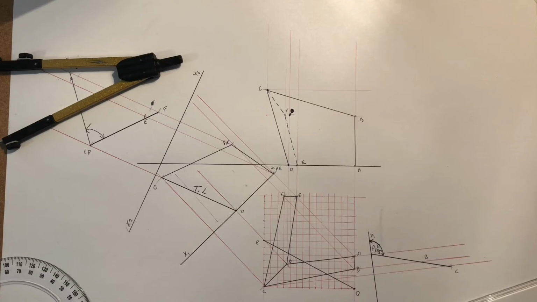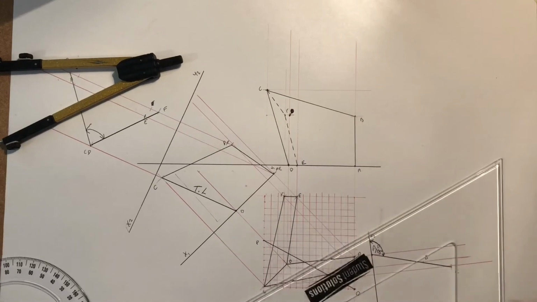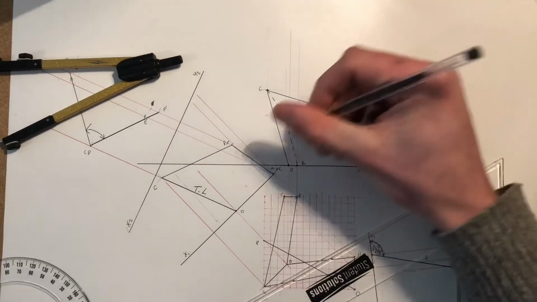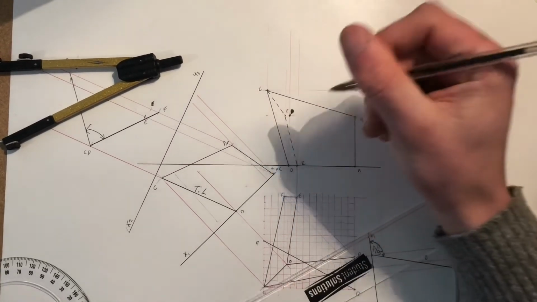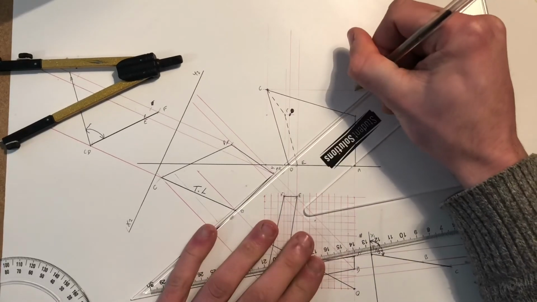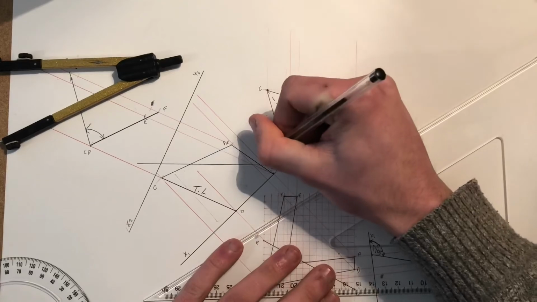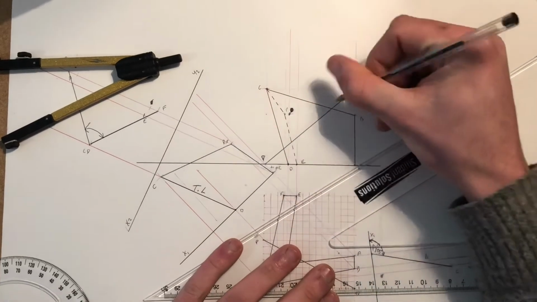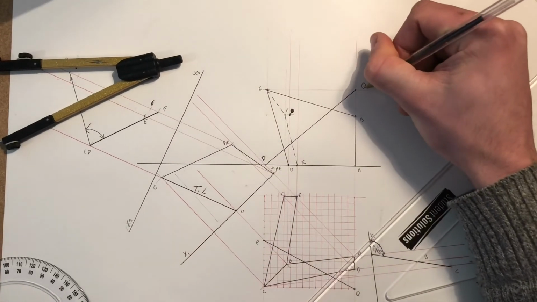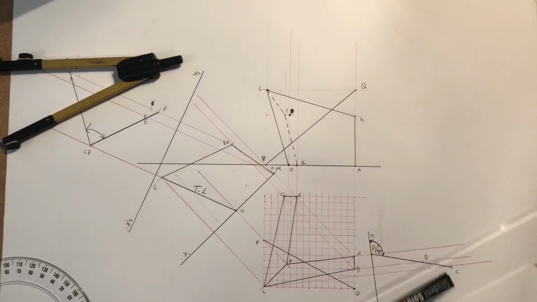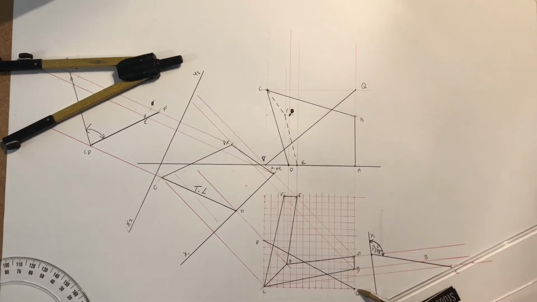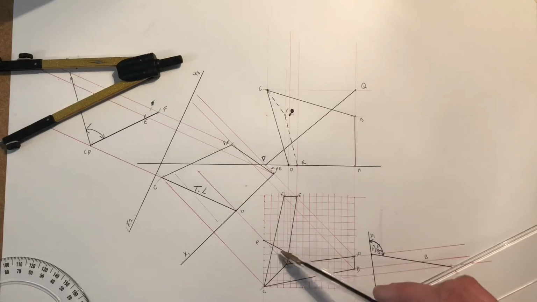Well, all we need to do is first of all draw the line PQ in our elevation, which is up here, and it's down here. So I'm drawing the line PQ. Okay, now we want to determine where this line intersects this guy inside here.